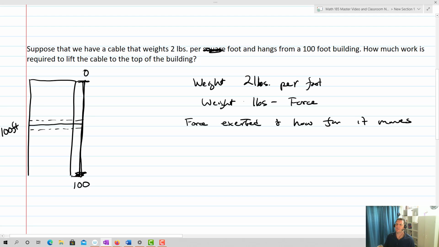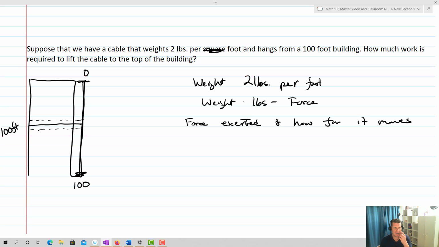The reason is that as we raise the cable, the cable ends up getting lighter and lighter as we move it up until we hit 0, where it has no force acting on it because there's no cable out over the top of the building. So that's why we set it up this way: 0 at the top and 100 at the bottom.